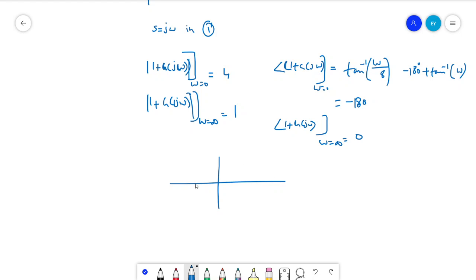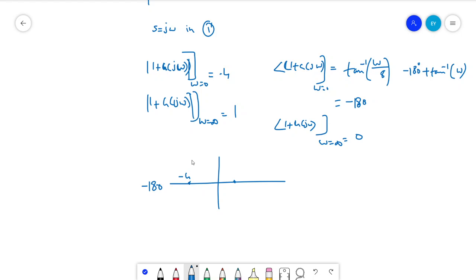it will start at the starting point 4, right? So the starting point is minus 4, it's actually minus 4, and it will end at 1 in terms of magnitude, and the phase will be minus 180.